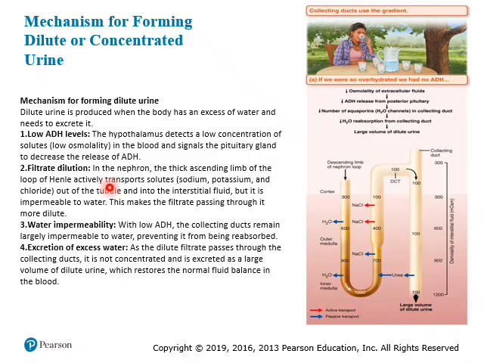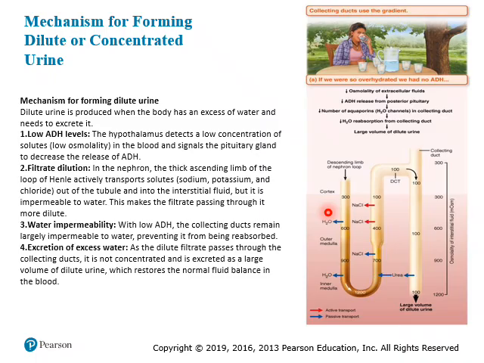Through filtrate dilution in a nephron, the thick ascending limb of the loop of Henle actively transports the solutes, sodium, potassium, and chloride, out of the tubule and into the interstitial fluid. But it is impermeable to water. I have mentioned that already in my previous discussion. This makes the filtrate passing through it more dilute.